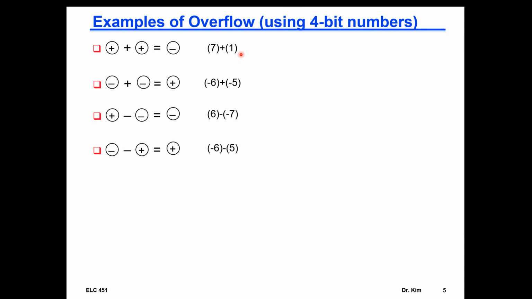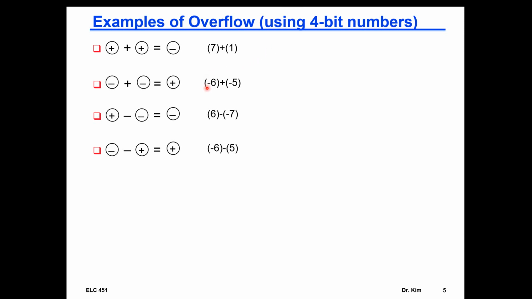If we add that, we get 1, 0, 0, 0. But that's -8 if your storage is limited to 4 bits. So the operation produces an overflow.